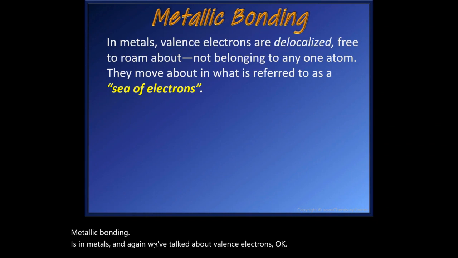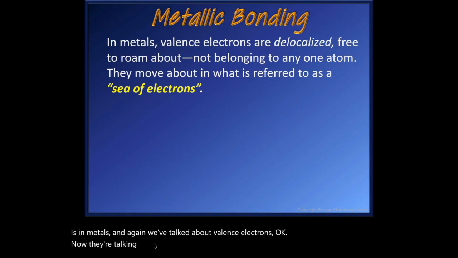Now, they're talking about electrons in metals that are delocalized or free to roam about, not belonging to any one atom. They move about in what we refer to as a sea of electrons.